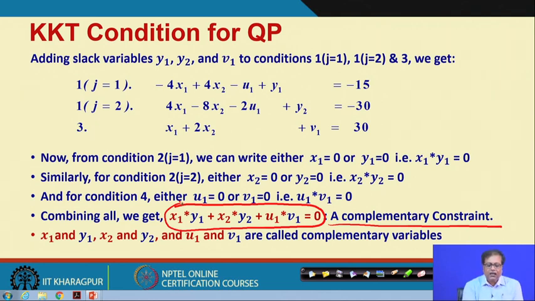Look here, either x1 equal to 0 or y1 equal to 0, either x2 equal to 0 or y2 equal to 0, either u1 equal to 0 or v1 equal to 0. So, either of them will be 0. That means the whole total of this has to be 0, so that this particular constraint would ensure that this actually happens. So, x1 and y1, x2 and y2, and u1 and v1 are called complementary variables.